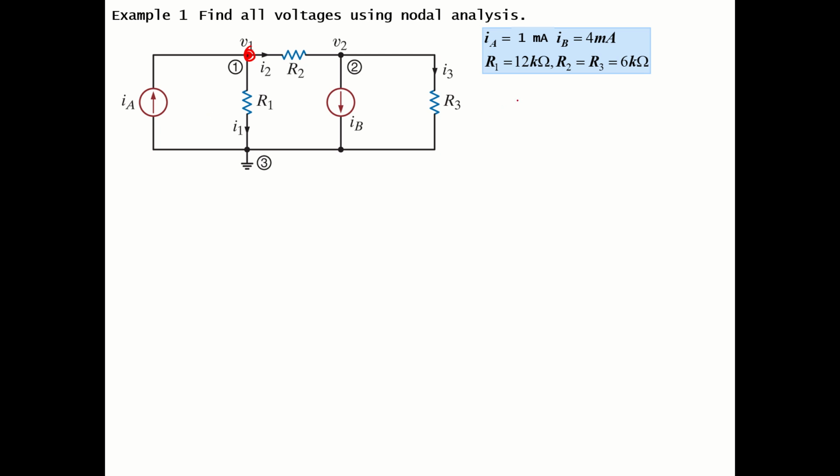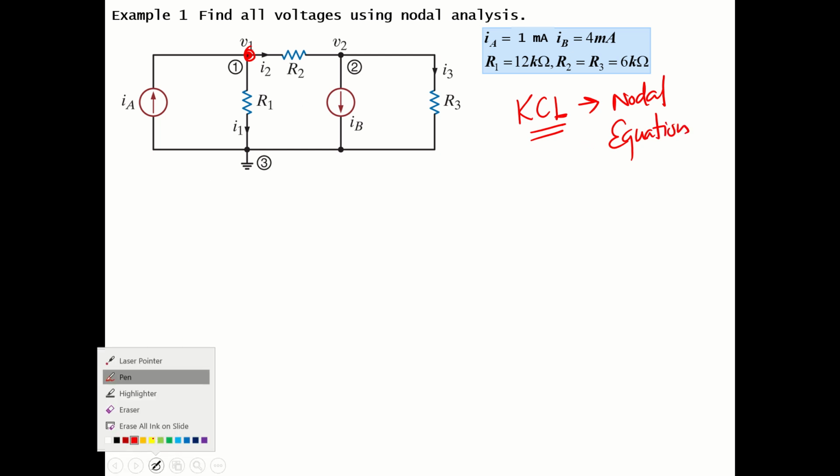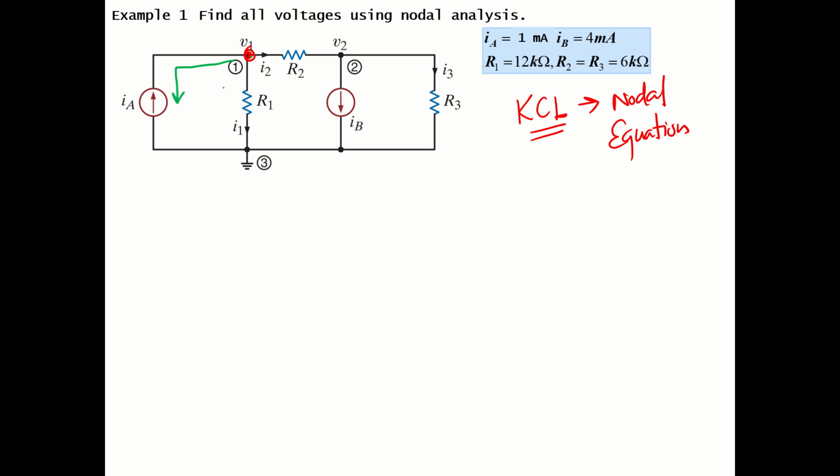Basically we need to write the KCL, Kirchhoff's current law, equations at every node to get the nodal equation of that node. So we are going to assume that all currents are leaving. For example, at this node we have three branches, so I can assume that this current IA is leaving, current through R1 is leaving, current through R2 is leaving.